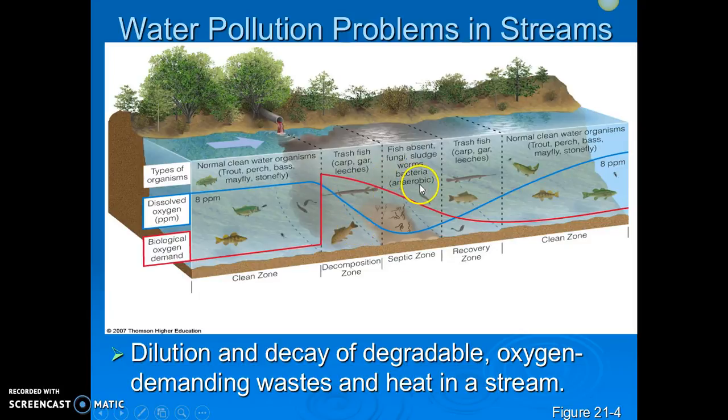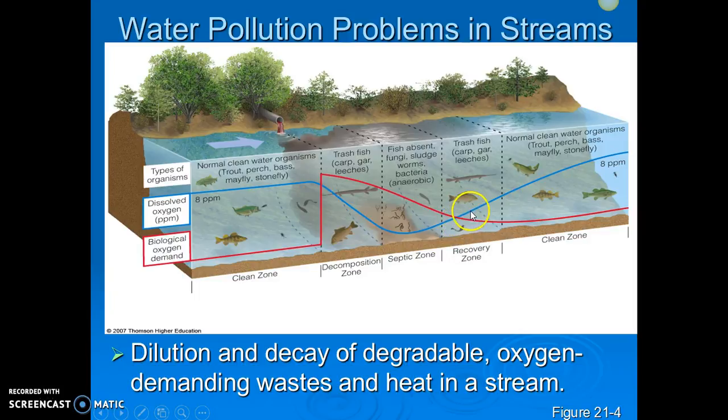As you continue downstream with this pollution, and as the decomposers are breaking it down, you're going to end up in the septic zone where very little life is going to be found. The dissolved oxygen has dropped. This is that oxygen sag curve that we're talking about.